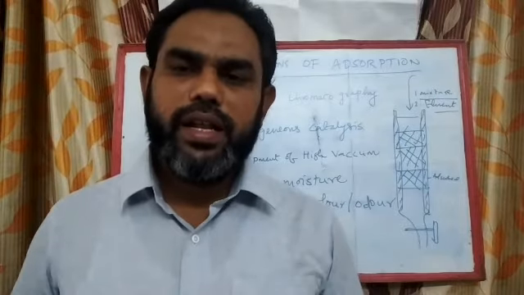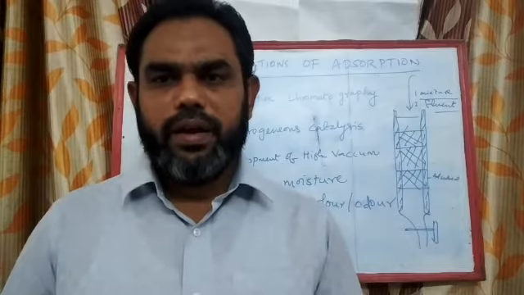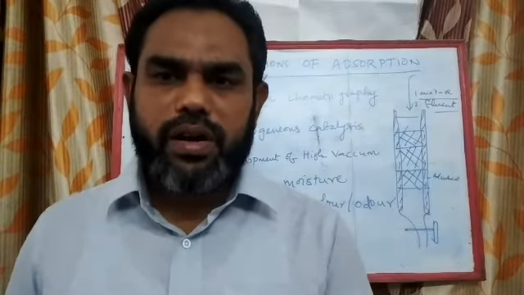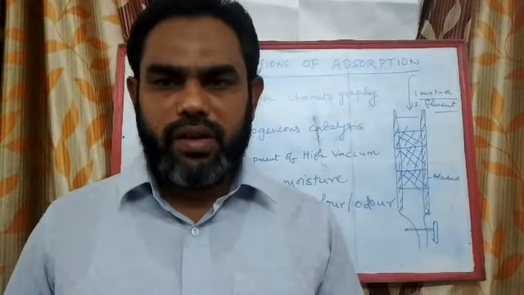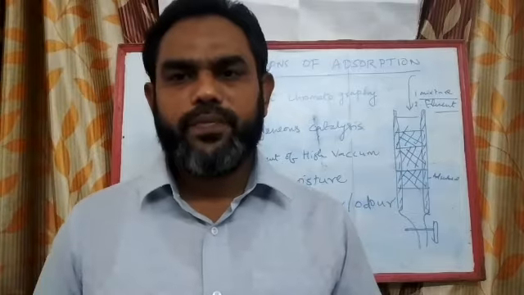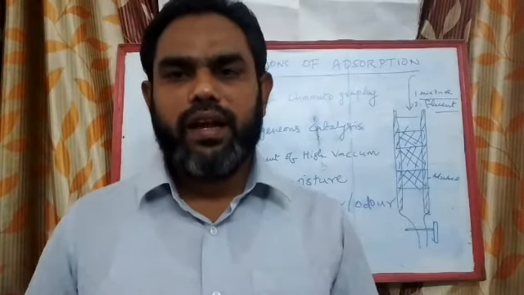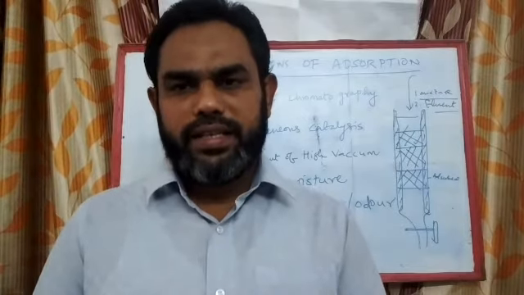For example, decolorization of sugar. Cane sugar is colored in nature, but the sugar available in the market is very clean, white and crystal clear. This is done by decolorization, by applying certain chemicals like phosphoric acid along with a decolorizing agent.